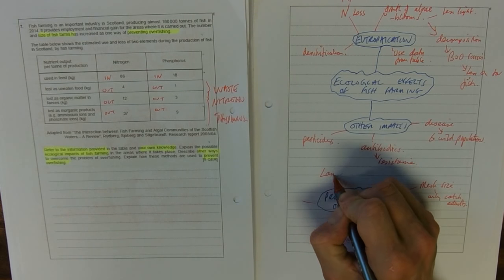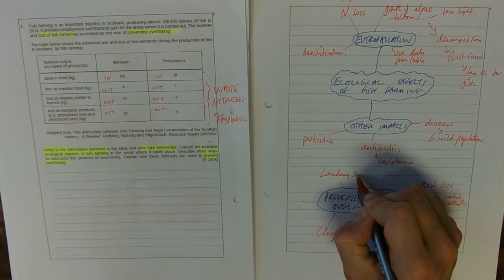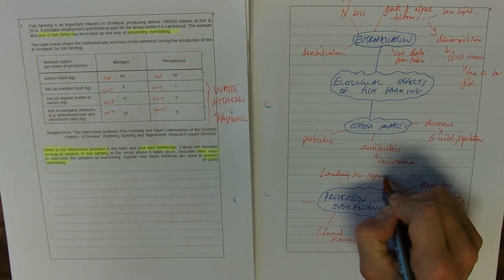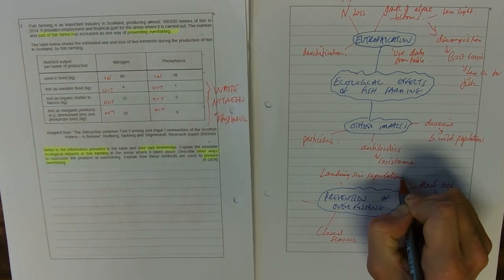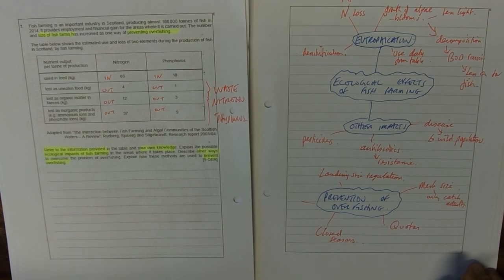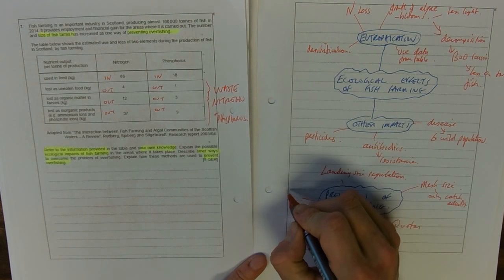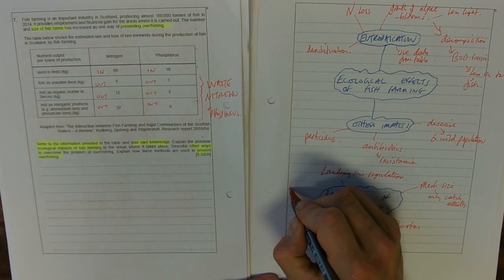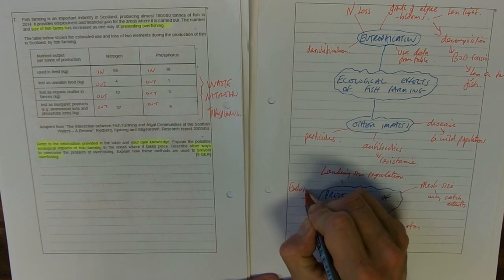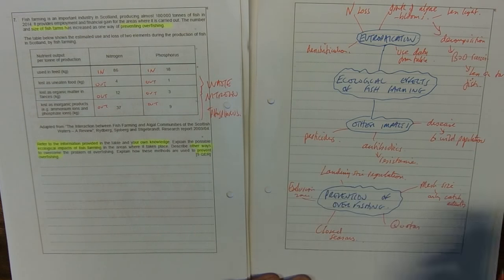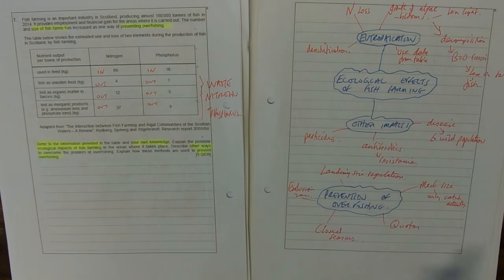So landing size regulations, all fascinating stuff this if you're interested in fishing. Exclusion zones, so you can only fish in certain areas. And so that's your essay.